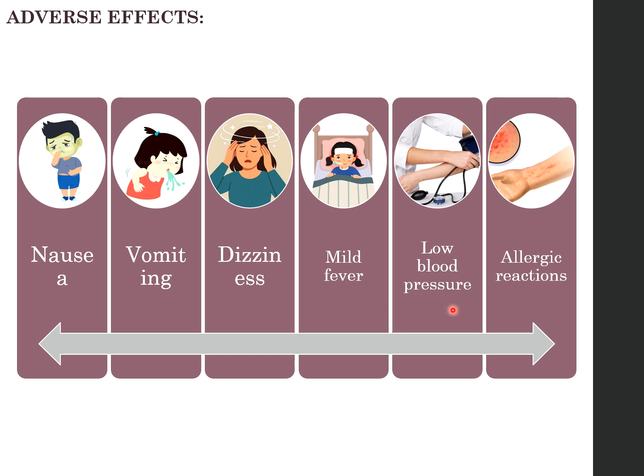Why it causes low blood pressure: it causes vasodilation and allergic reactions, because this recombinant tissue plasminogen activator is a foreign substance. Our body considers it a foreign substance, and when our immune system reacts with that, it usually causes inflammation and release of histamine, so that it causes the allergic reactions.